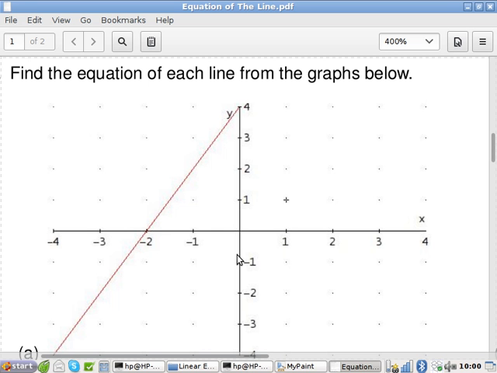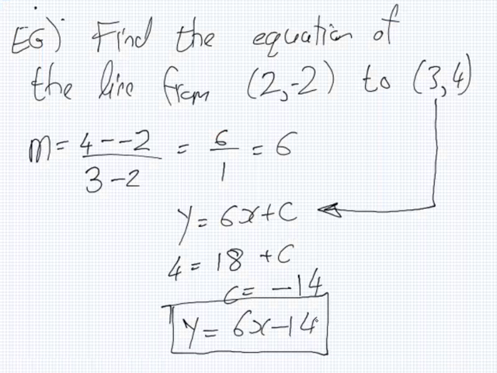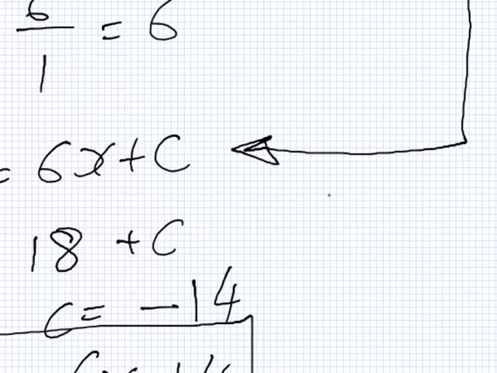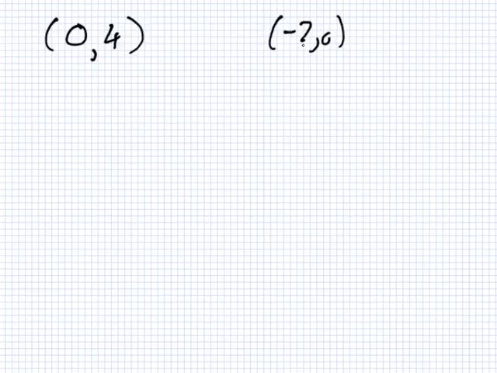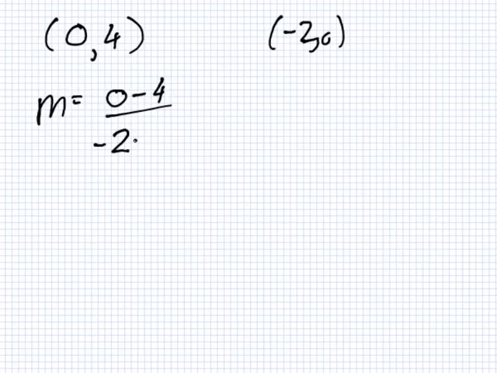Finished? Yeah, okay. So, what are the 2 points? What was the first point? 0, 4. And the second point? Minus 2, 0. Okay. So then the m will be 0 minus 4 over minus 2 minus 0. Yeah.